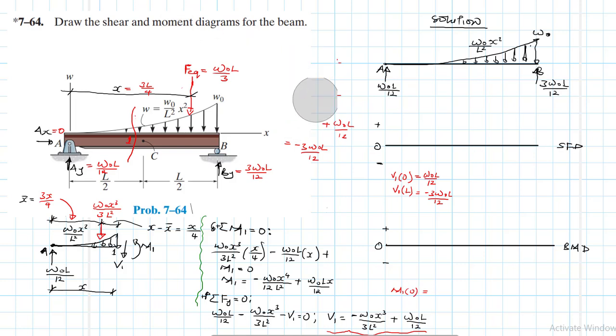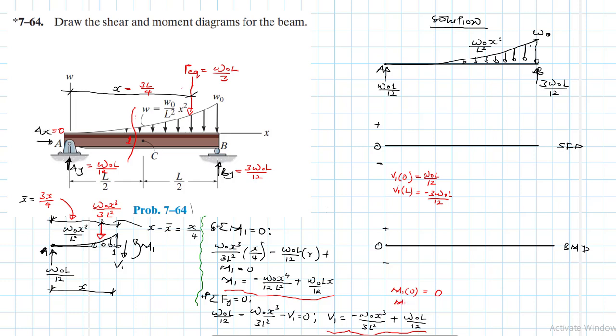We know that we have a hinge at A and the roller at B. We don't expect any moment because we don't have any support moments. This is a simply supported beam. Therefore, when x is equal to 0, M1 at A is going to be equal to, where is the equation for M1? It is this one here. So this is just going to give us 0, right?